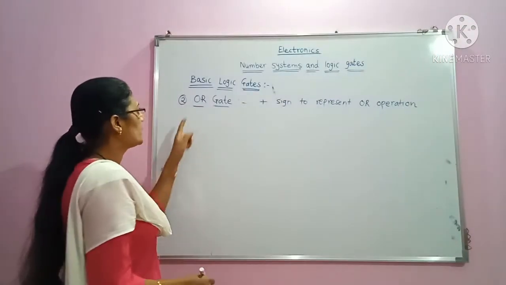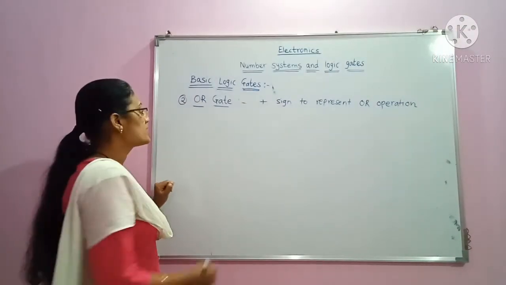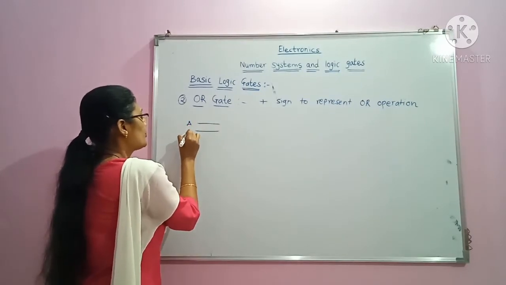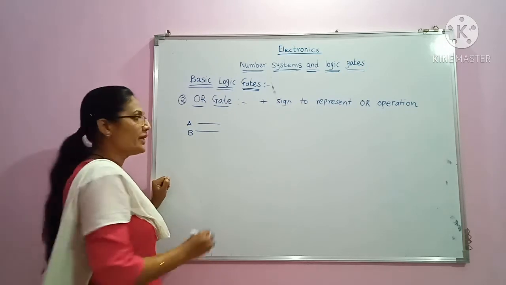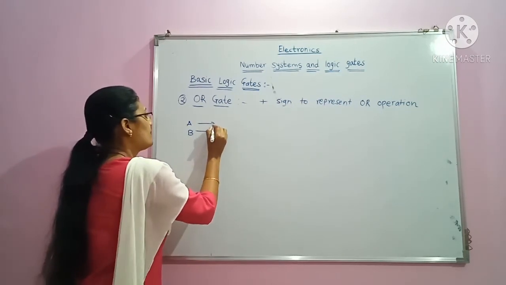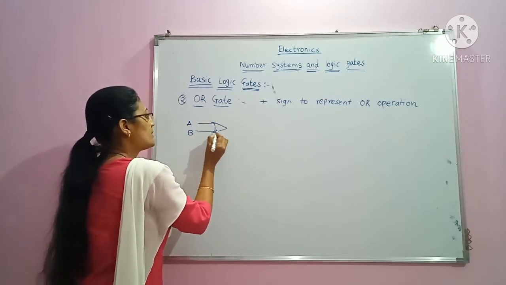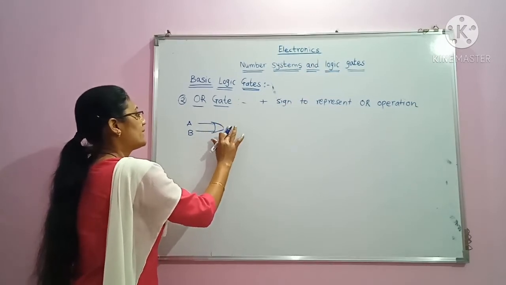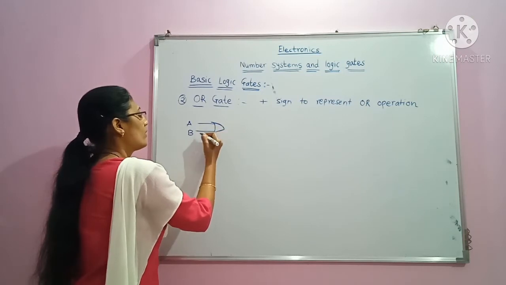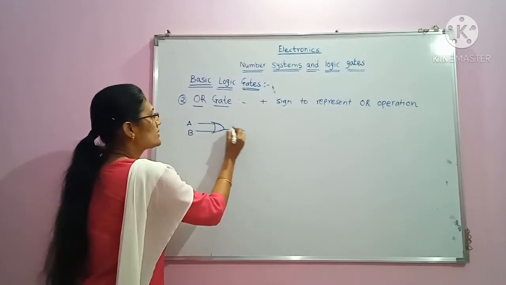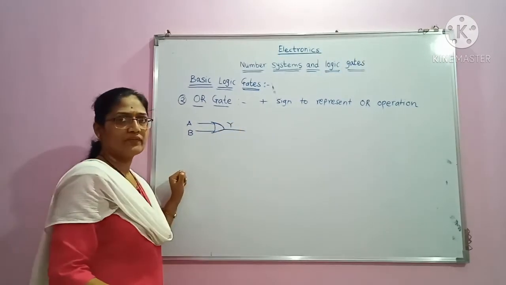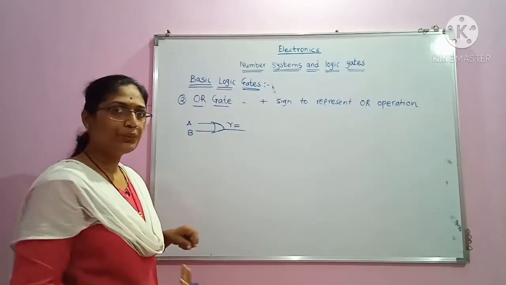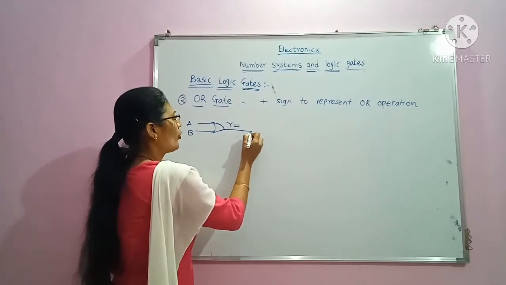Then, what will be the symbol of the OR gate? For the symbol of the OR gate, we use two inputs, input A and input B, and the OR gate is represented by such a symbol. Its output is represented by Y equal to the addition of two or more inputs.